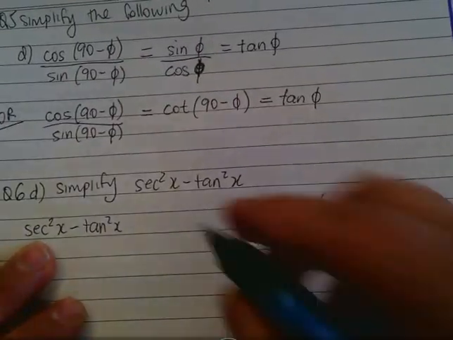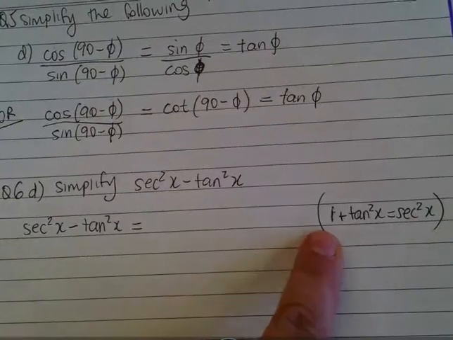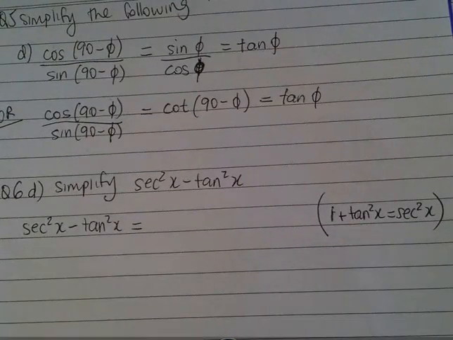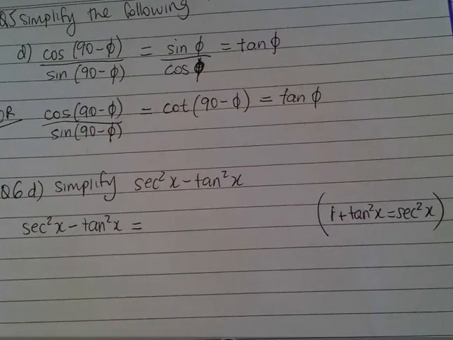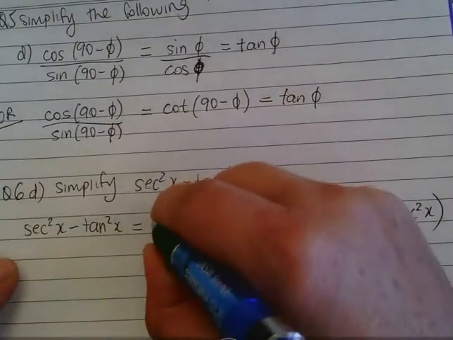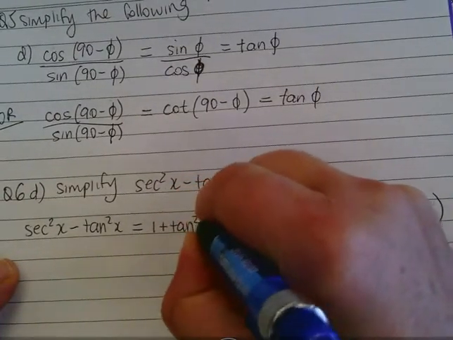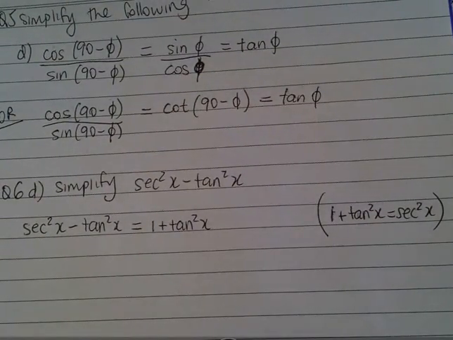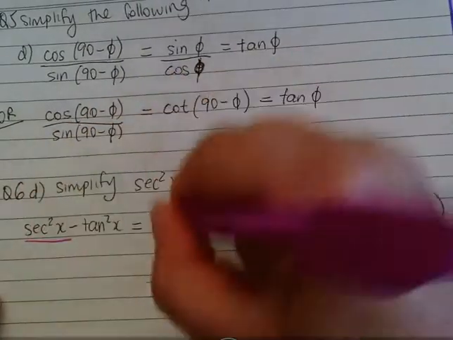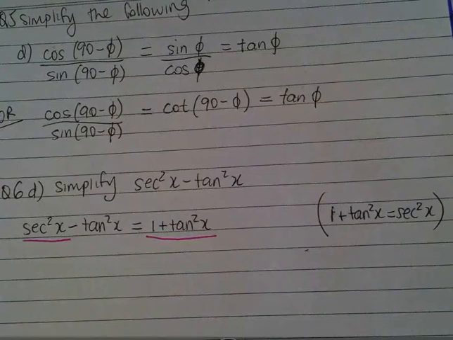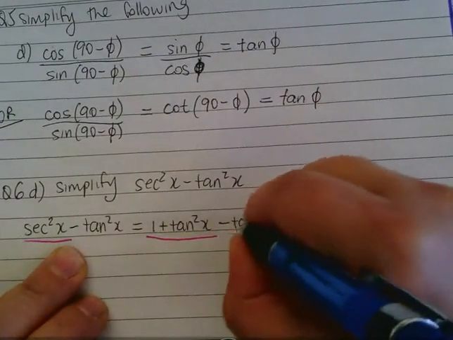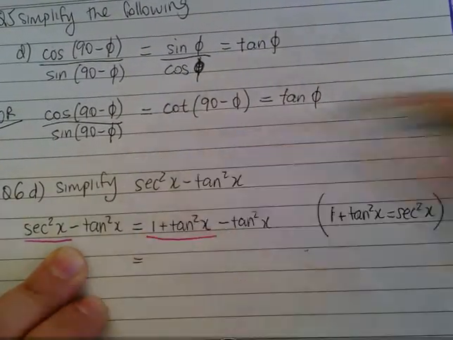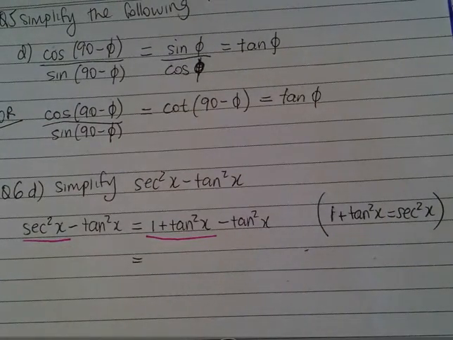Why don't we change our sec squared x to 1 plus tan squared x? We've made that substitution, and I've still got minus tan squared x. 1 plus tan squared x minus tan squared x is 1.